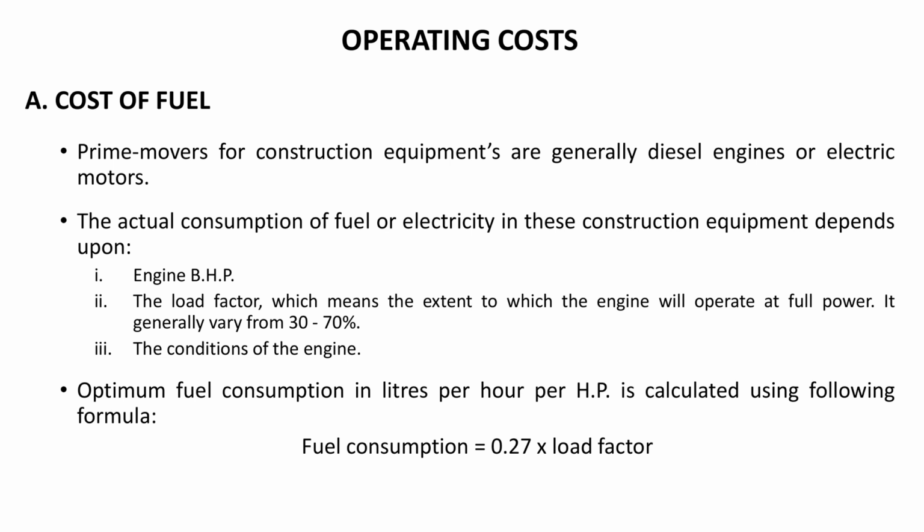It generally varies from 30 to 70%, and also the condition of the engine. The optimum fuel consumption in liters per hour per HP is calculated using the formula: fuel consumption is equal to 0.27 into load factor.